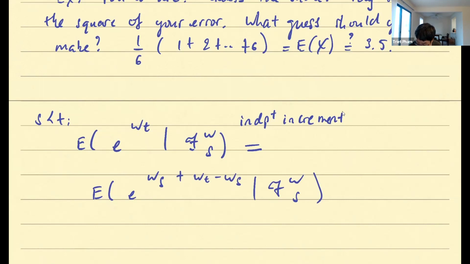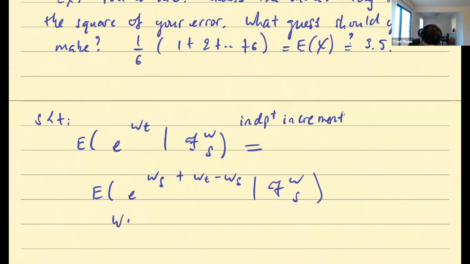I did something that looks bizarre if someone's not used to mathematics. I just wrote something by adding and subtracting a different term. But doing this is not just bizarre stuff. It actually decomposes W_T into two components. One is the past price, which I know by time S. One is a future increment, which is independent of the past history, as I discussed. That's the property of Brownian motion.